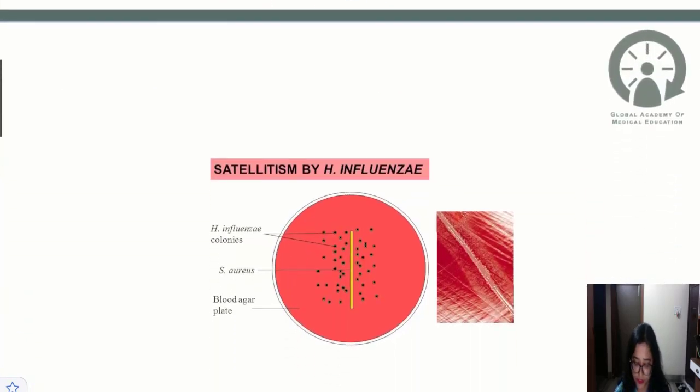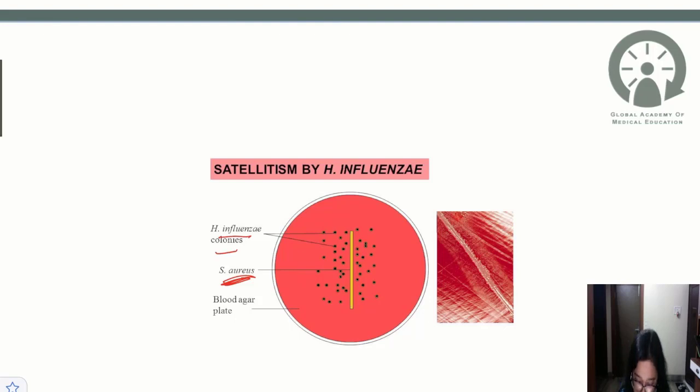We see that there is an inoculation of Staphylococcus aureus at the center, perpendicular to which we will inoculate colonies of Haemophilus influenzae, and we will leave it for overnight incubation. So what are the findings?